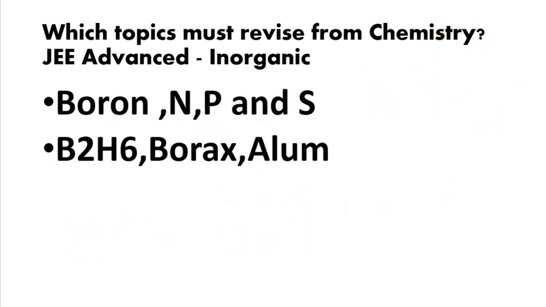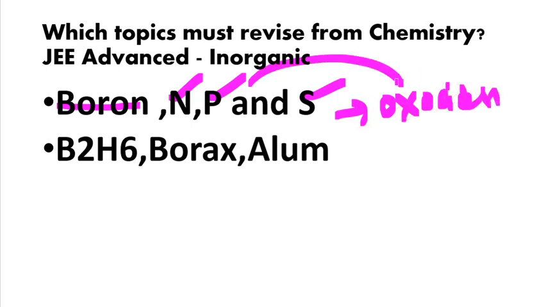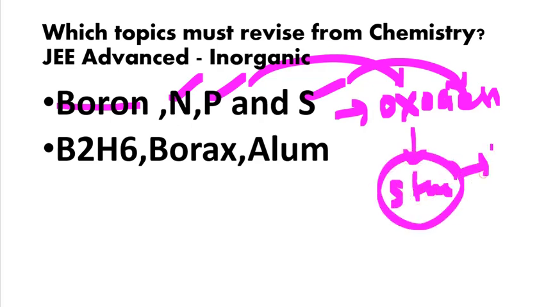And next one, inorganic. Now just come into inorganic. In that, look at the important boron, nitrogen, phosphorus and sulfur physical and chemical properties. Right. And here I always suggest you look at oxo acids of phosphorus and sulfur. Try to look at their structures. Try to know how many phosphorus-oxygen bonds, how many peroxide bonds, how many hydroxide bonds are there.